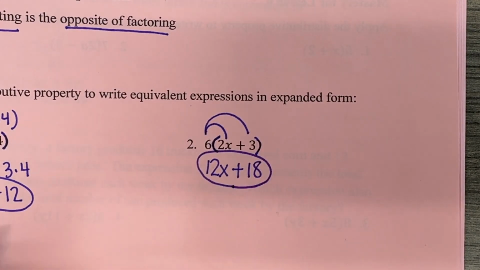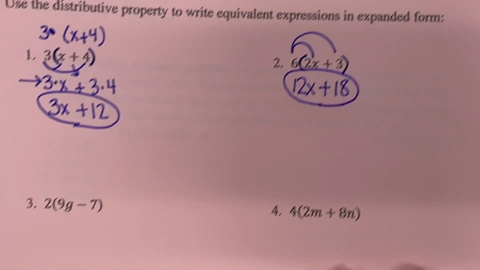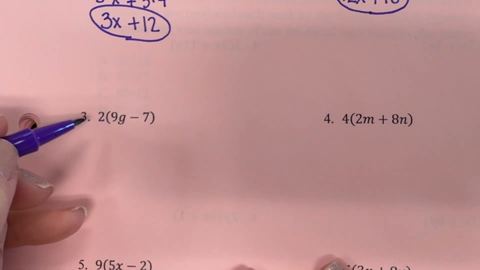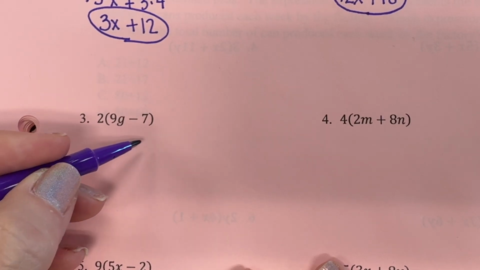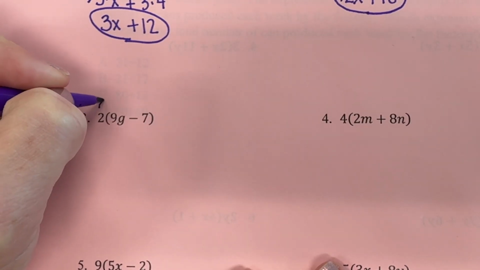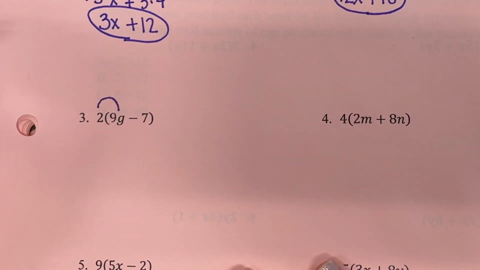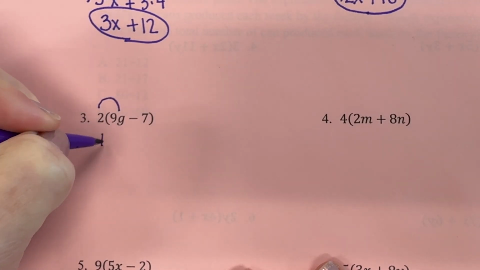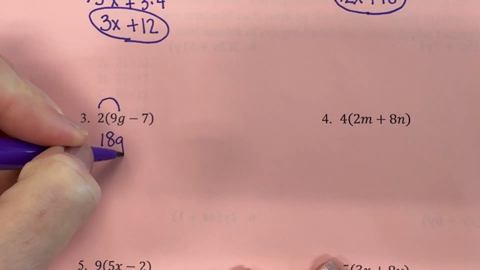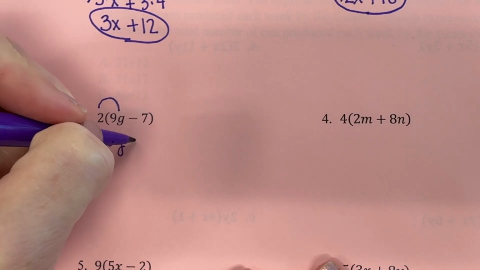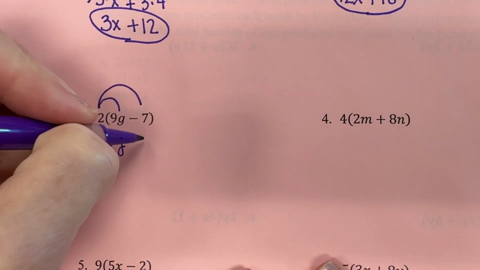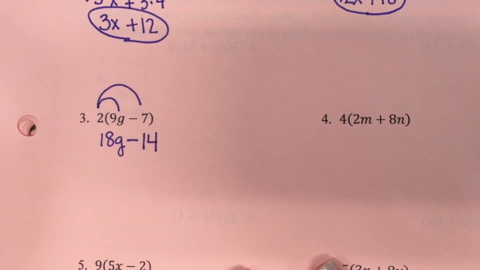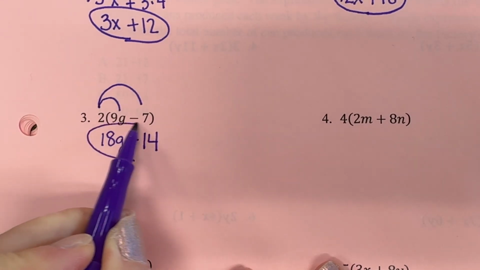And we'll just keep moving down the page. Number 3. 2 times the quantity, 9g minus 7. So 2 times 9g would be 18g. Bring the minus down. 2 times 7, 14. Final answer.